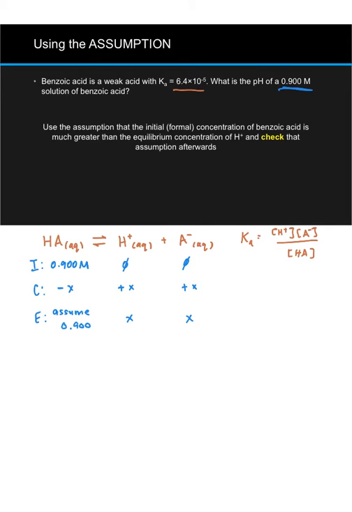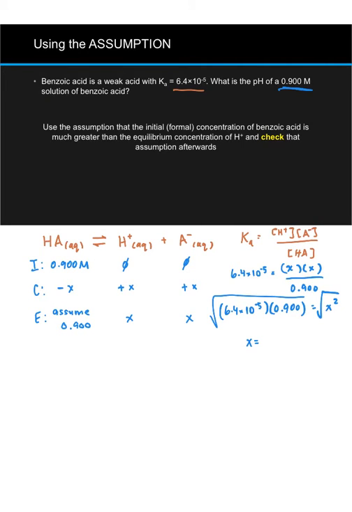From our equilibrium constant expression, we know Ka is 6.4 times 10 to the minus 5, and that's equal to the equilibrium concentration of H plus, X, of A minus, also X, and of HA, which is effectively 0.9 under this assumption. To solve this problem, we'll multiply both sides by 0.9, and then take the square root of both sides.